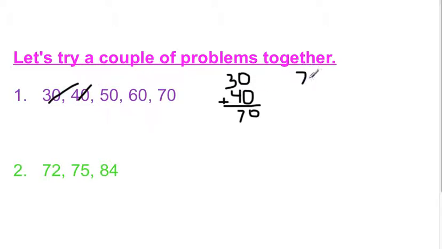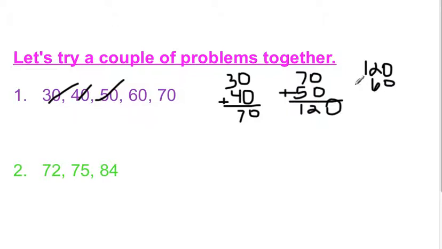And then we're going to do 70 plus the next number is 50. 0 plus 0 is 0. 7 plus 5 is 12. We're going to add a 6 to that, so we have 120 and 6. 0 plus 0 is 0. 2 plus 6 is 8.